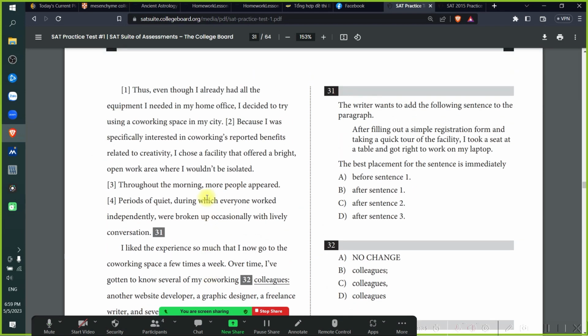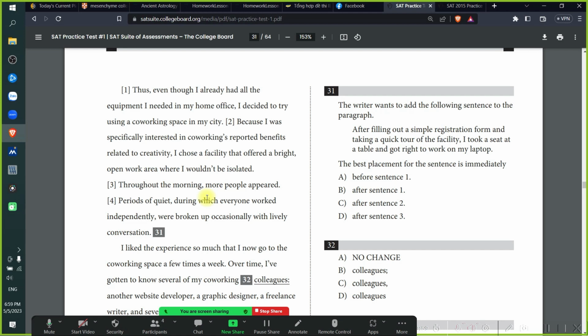31. The writer wants to add the following sentence to the paragraph. Cái người viết mong muốn thêm cái câu sau đây vào cái đoạn văn. After filling out a simple registration form and taking a quick tour of the facility, I took a seat at a table and got right to work on my laptop.